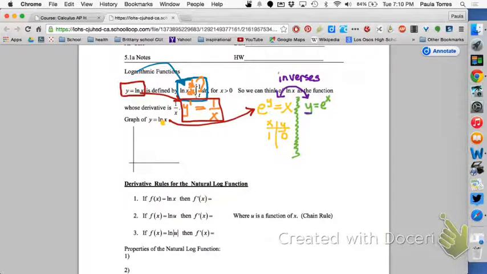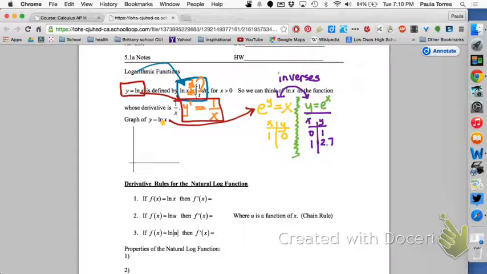And I know how to graph this. It'll have a y-intercept at 1, because when x is 0, y is 1. And then if I plug in x equals 1, I'll get e, which is 2.7 something. Remember, it's irrational. I actually don't keep that number memorized. And so forth.